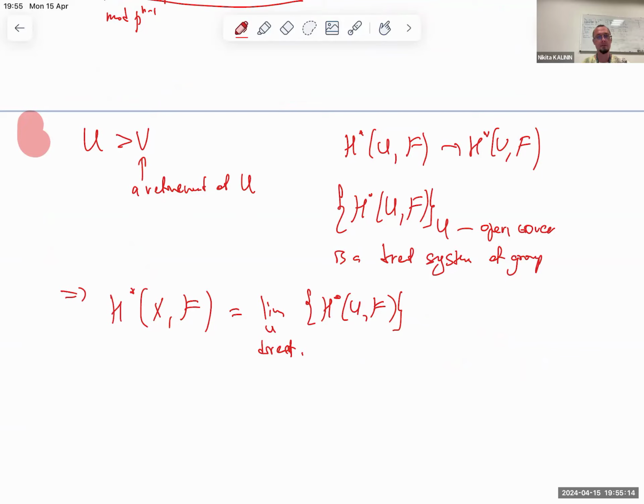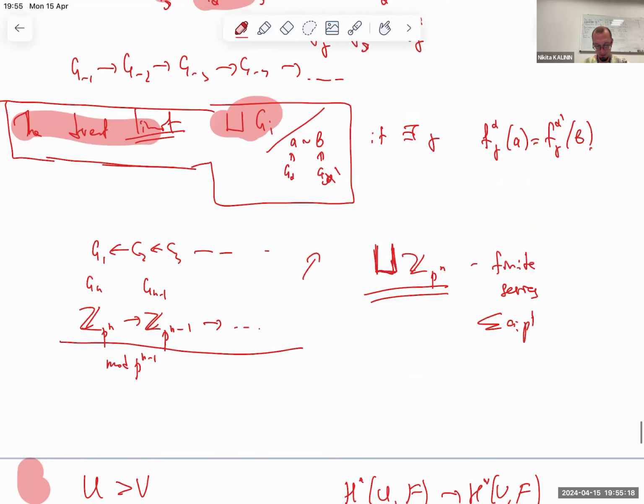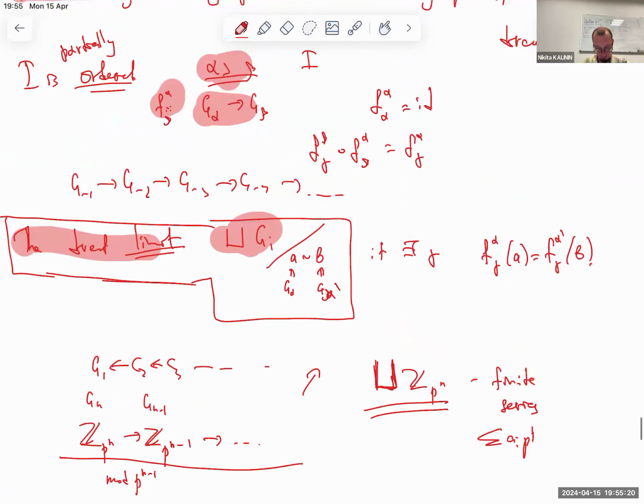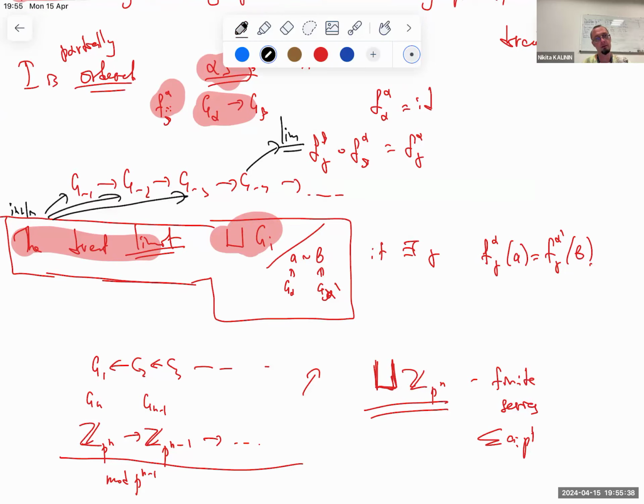Yeah, I think the difference between direct limit and inverse limit is that for a direct limit, there are maps from all these groups to the direct limit. Right, so there are maps from all these groups to the direct limit. But for the inverse limit, it's vice versa. There is a map from the inverse limit to all these groups. Yes, okay, certainly.